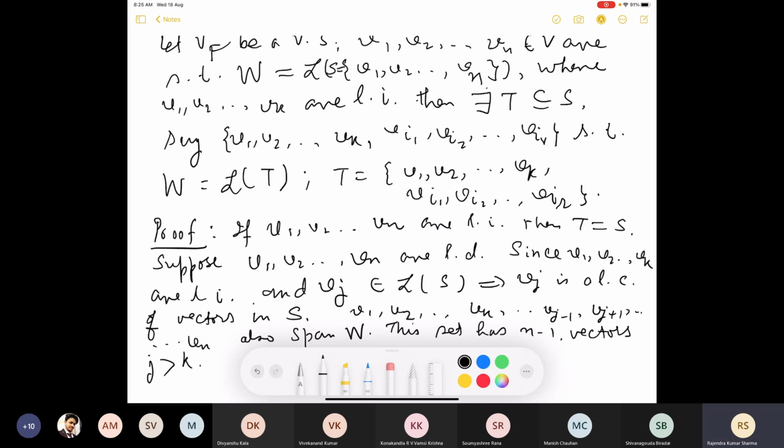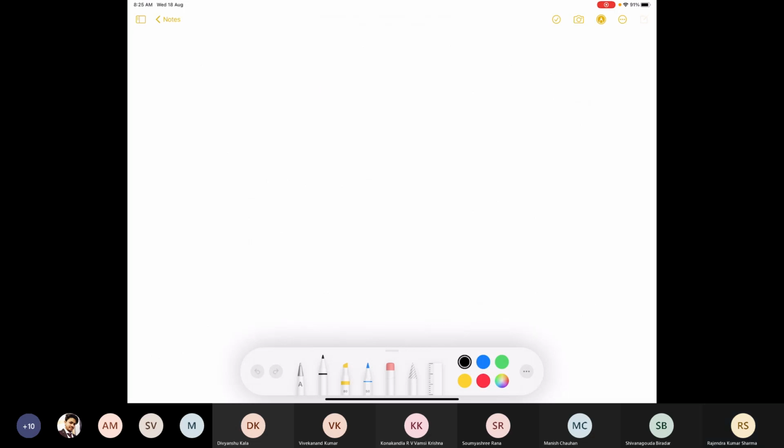So we have actually dropped one vector from the set S, and still find that this spans linearly. So what we claim is that this is still equal to W.